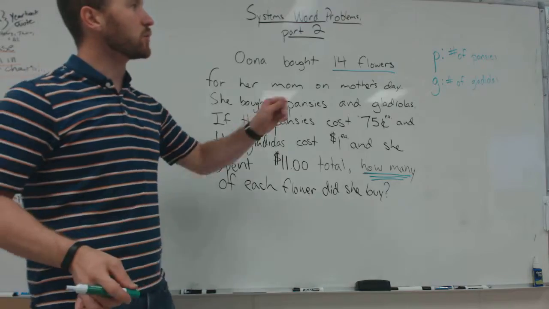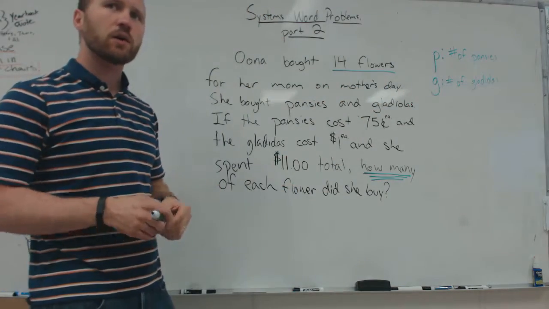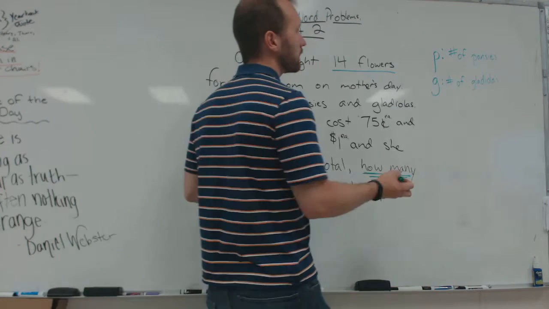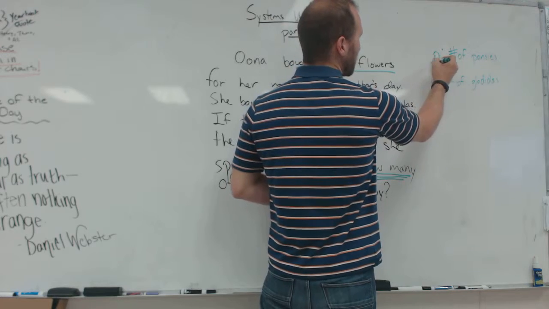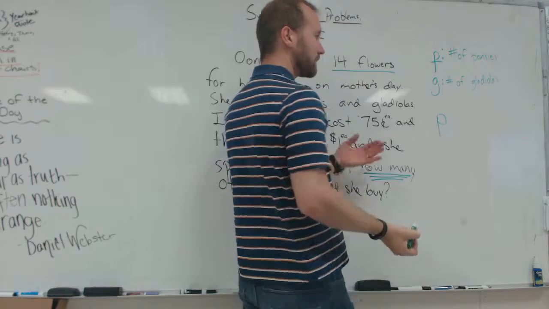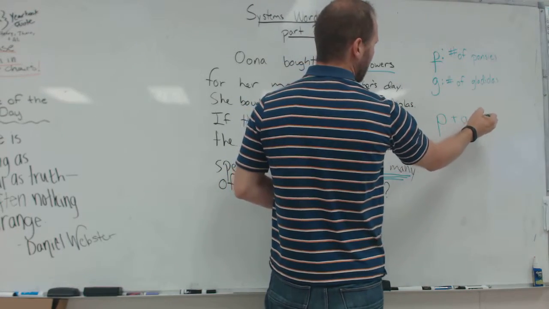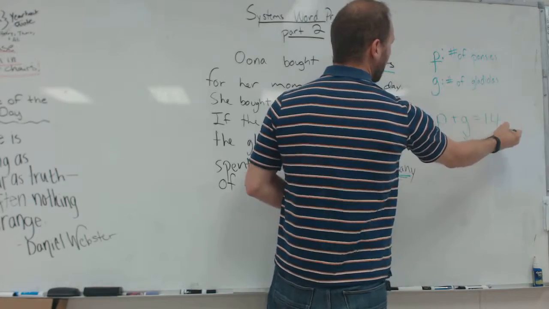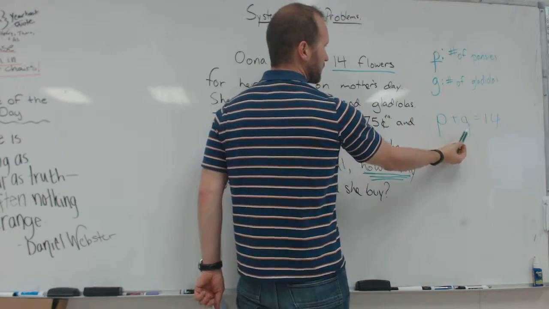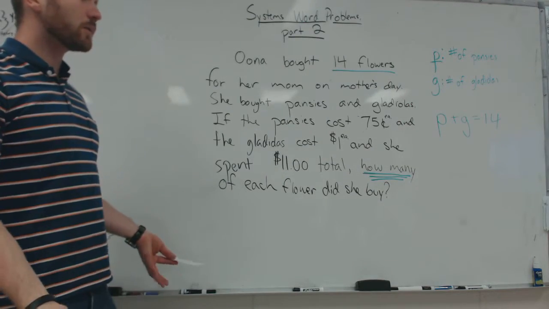We're going to use our variables. We're going to say P, because that is a variable. The number of pansies, that's P, plus the number of gladiolas, that's G, equals 14. So the total number of flowers is 14.